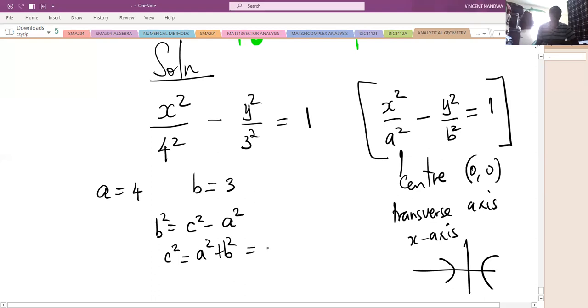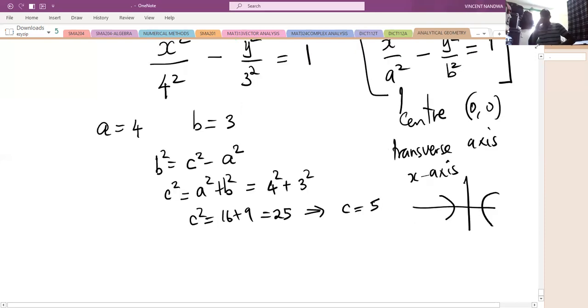For this case, we'll have 4 squared plus 3 squared, and then c squared equals 16 plus 9, which is 25, which means that c is 5. And remember, c is the number of units from the center to the foci, and a is the number of units from the center to the vertex.